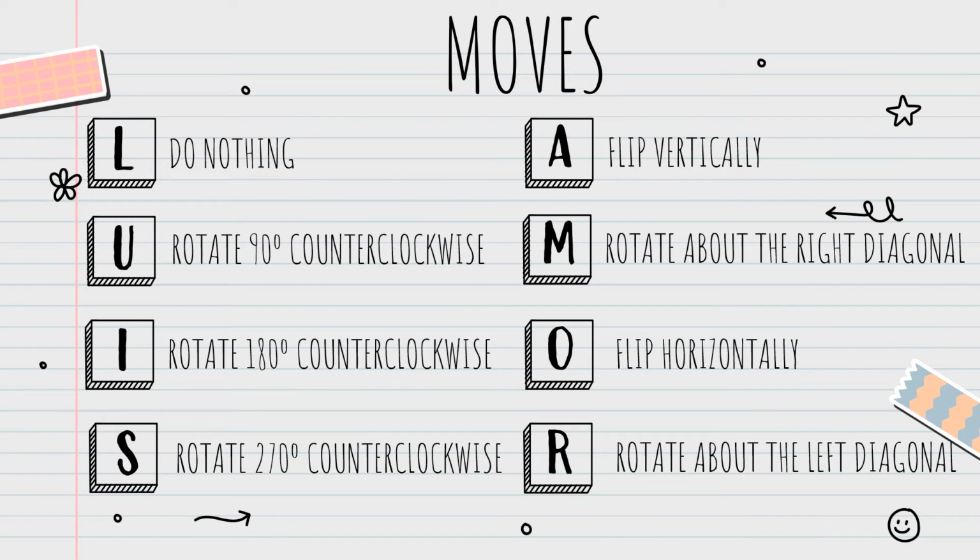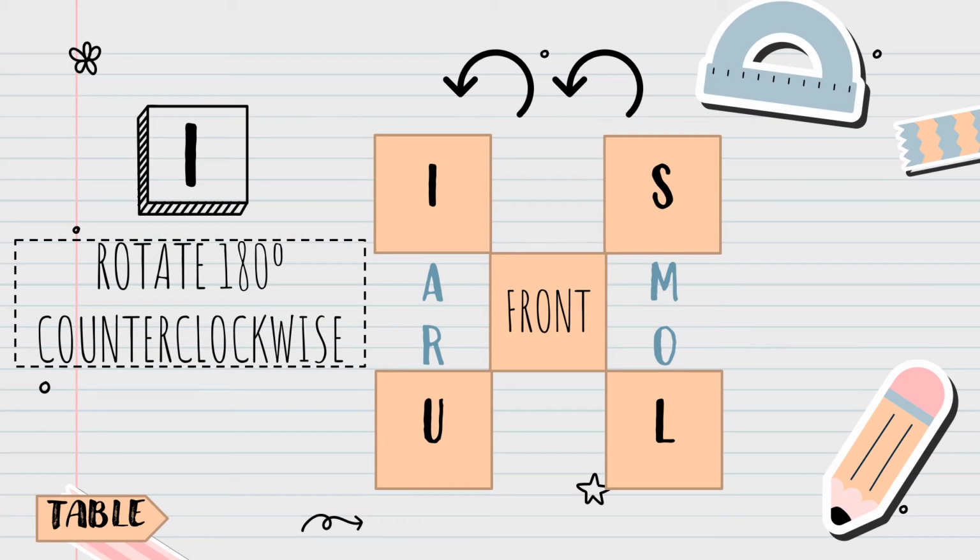Next, we try I star S by going back to the moves and clicking I first, which makes the figure rotated 180 degrees counterclockwise, resulting to this figure.